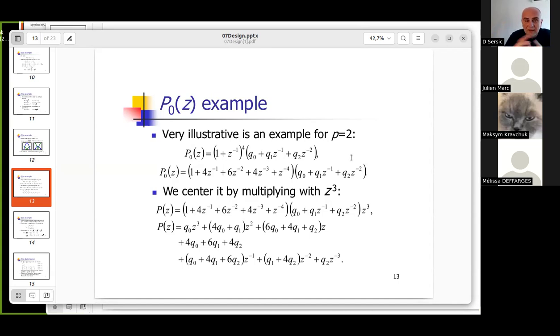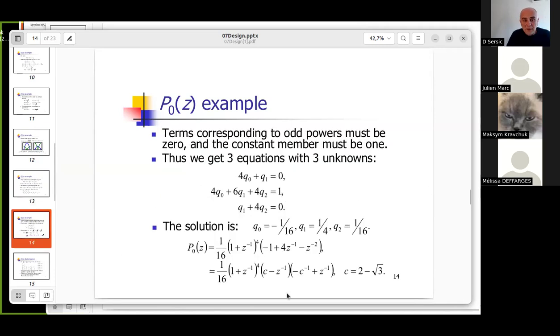If you have exactly the polynomial of order 2p minus 2, which is 2 in this case, we get exactly 3 equations with 3 unknowns, and such a system has only one solution. So we can solve it any way of solving equations. We get that Q0 is minus 1 on 16, Q1 is 1 on 4, and Q2 is 1 on 16.